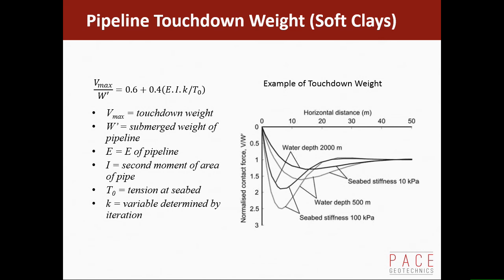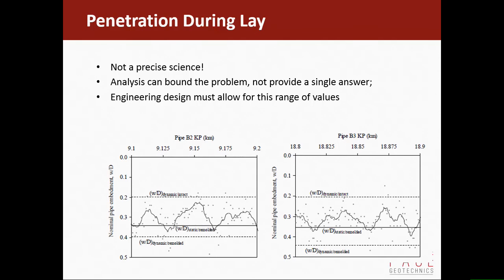But most of the stuff we know: V max is the touchdown weight and W dash is the submerged weight of the pipeline, which we know. What we want to get out of the equation is basically that value. We know the E for the pipeline and the second moment of area. Hopefully we know the lay tension, or have an idea of the lay tension as well. And that's a variable, I think typically around 200. But there's more stuff in the book.